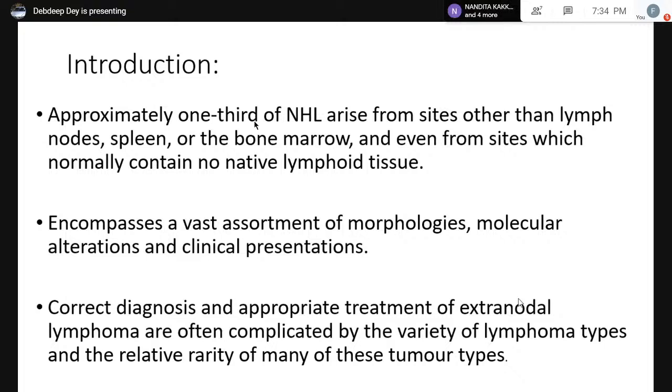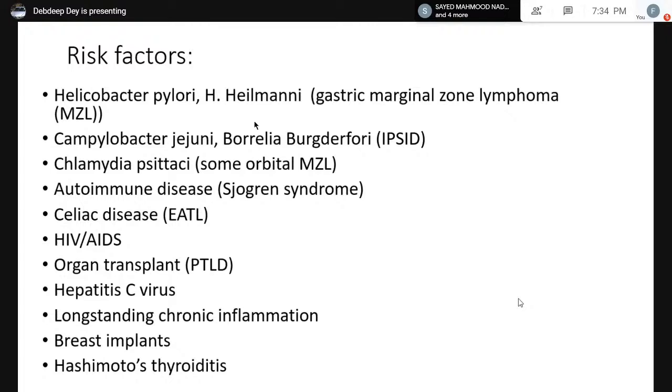Correct diagnosis and appropriate treatment of extranodal lymphoma is often complicated by the variety of lymphoma types and the relative rarity of many of these tumor types. So what are the risk factors of lymphoma? One of them is pretty common. Almost all of us have seen gastric marginal zone lymphoma, which is due to Helicobacter pylori or Helicobacter heilmannii infection.